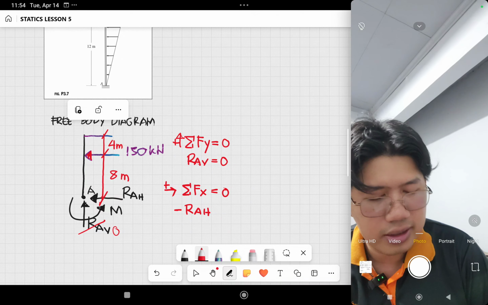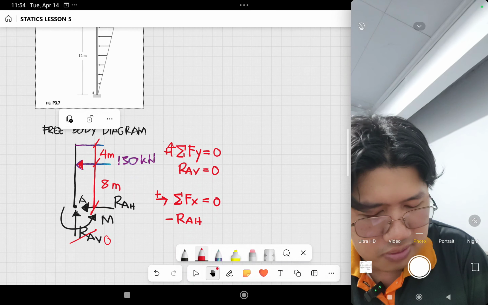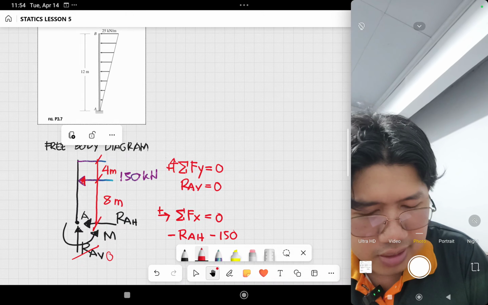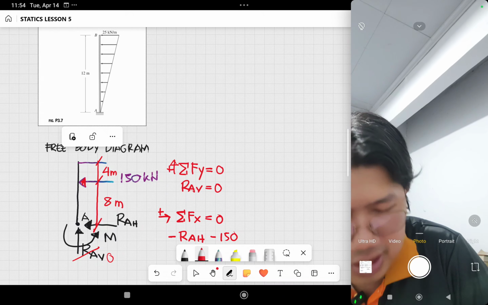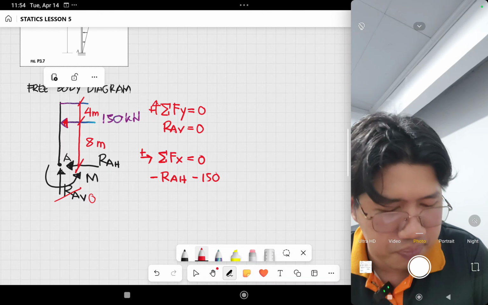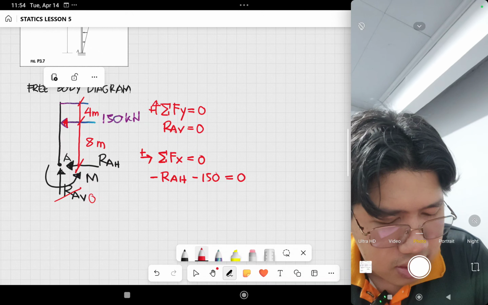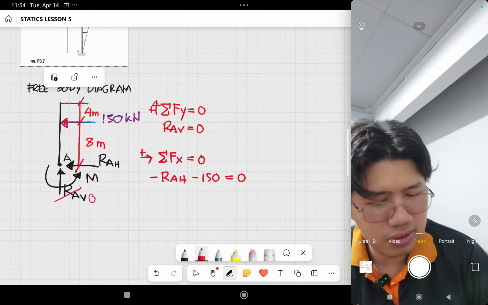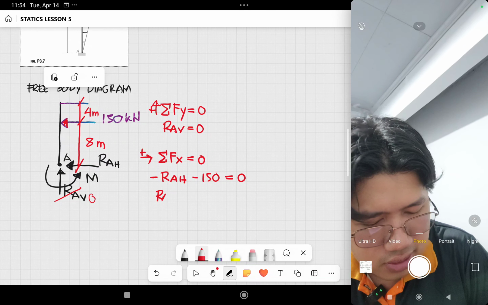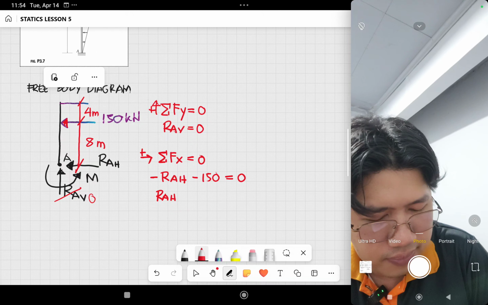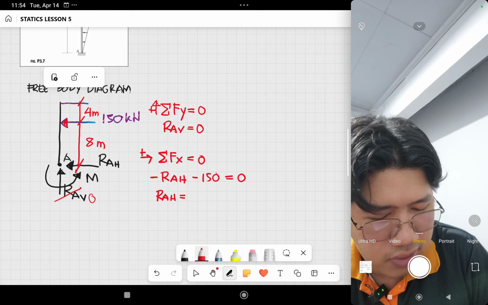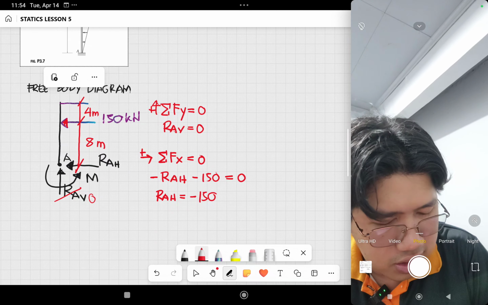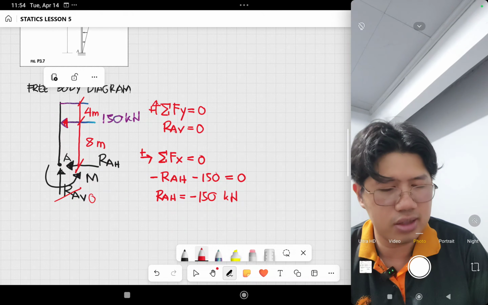Yung 150 is obviously acting towards the left, that is not an assumption but a fact based on the problem since papunta dun yung arrows natin. So this is our solution for summation Fx equals 0. If we transpose RAH sa kabila, magiging positive siya, and iwan mo sa negative 150. So magiging RAH is negative 150 kilonewtons.